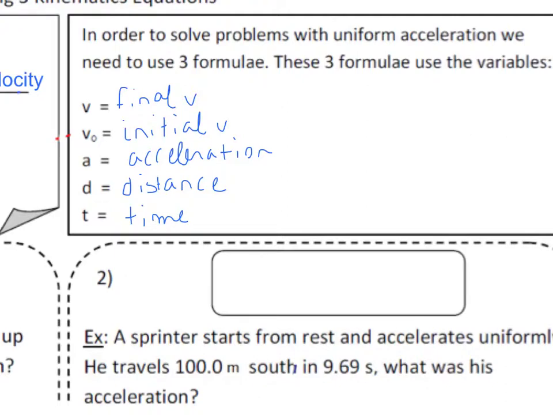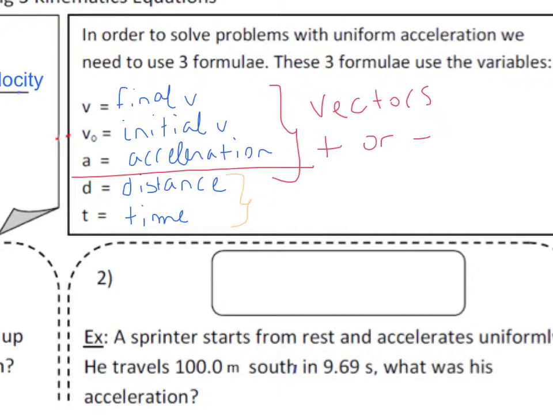The first three are vectors, so they have a magnitude and a direction. Direction is either going to be positive or negative. And then the next two right here are scalar quantities, so they have no direction.